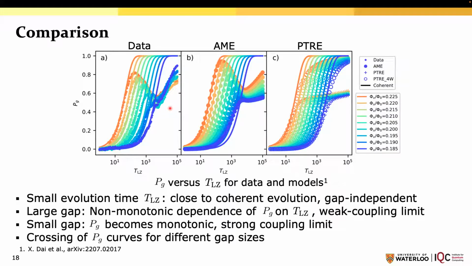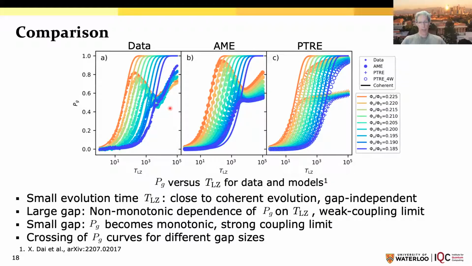So just to follow up on this, if you stay on the slide, the only model that exhibits clear non-monotonic behavior for a fixed gap size is the AME. So at least in that sense, qualitatively, it seems like the AME is in pretty good agreement with all the data, unlike any of the other models.